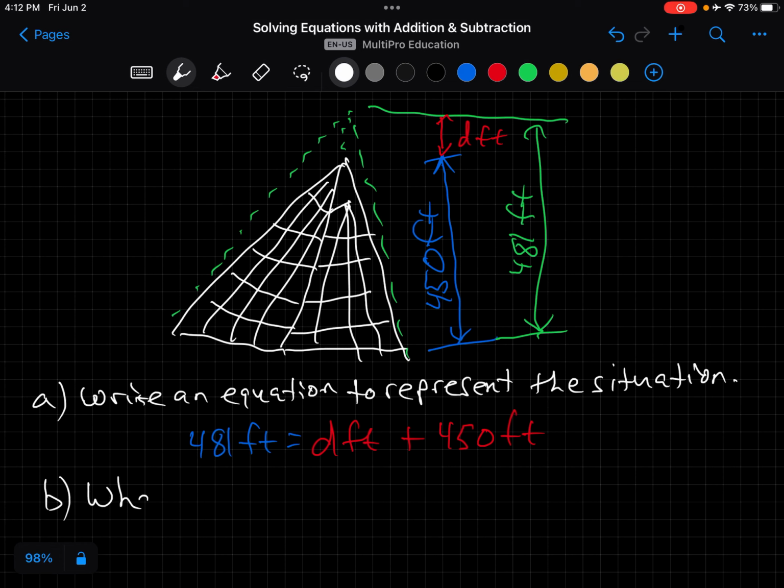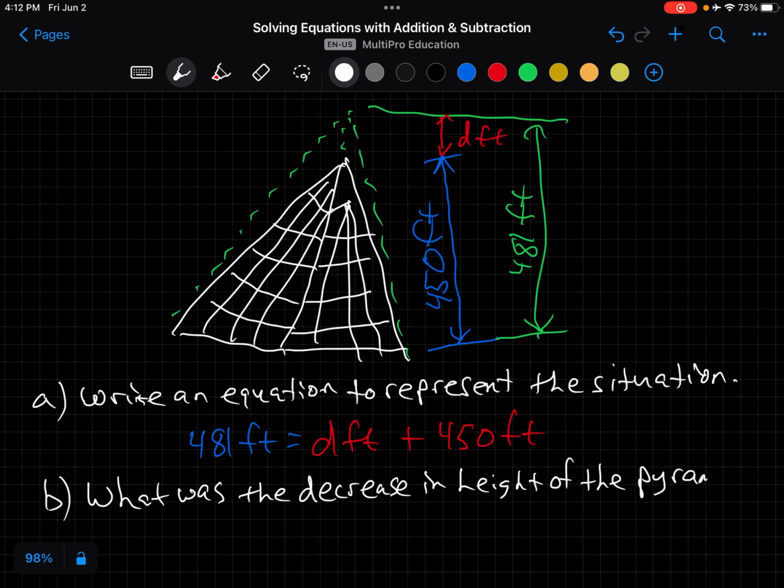Now, let's look at part B. What was the decrease in height of the pyramid? Great question.